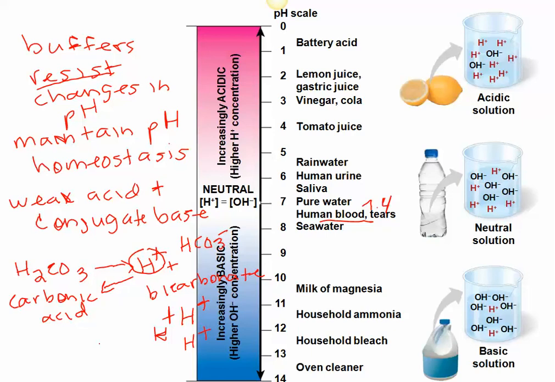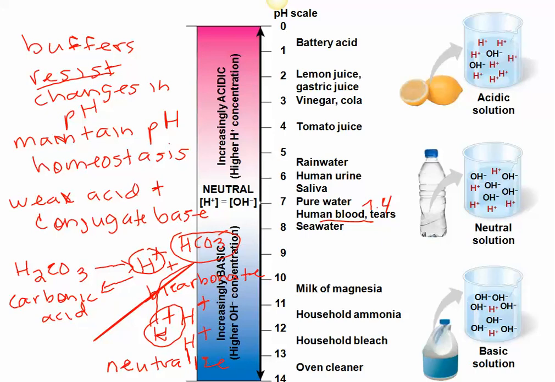And in that case, the base side of the buffer, bicarbonate, if we see the negative charge on bicarbonate, the bicarbonate would combine with the hydrogen ions, and that's how you remake more carbonic acid. And thereby removing the hydrogen ions, you again neutralize that acid. You resist that pH change, and you thereby help to maintain your blood pH of 7.4.